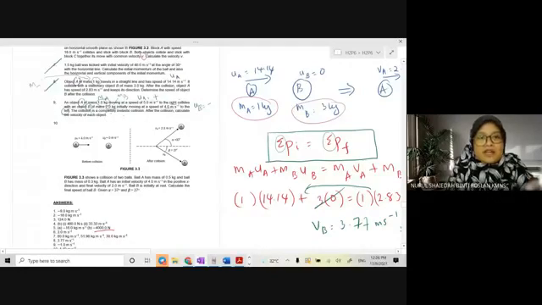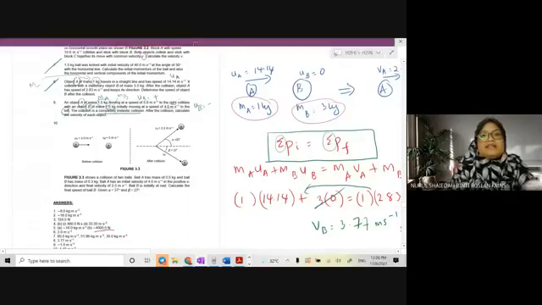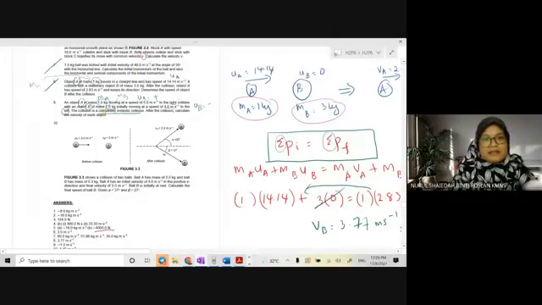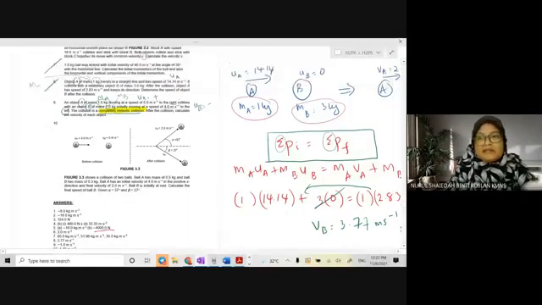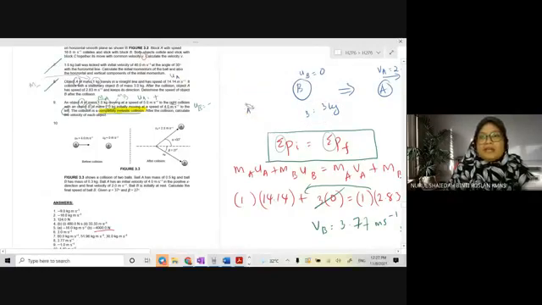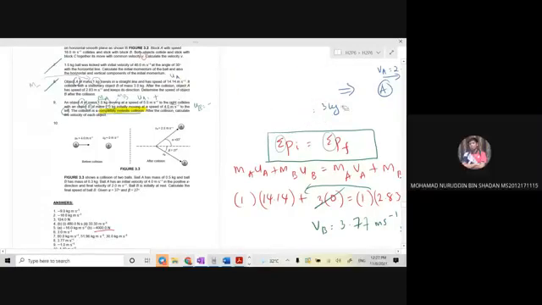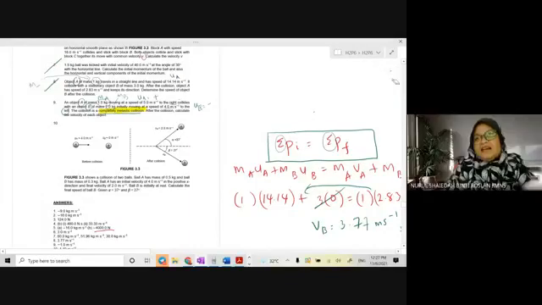The collision is completely inelastic. Dia ada mention. What do we understand when the word completely inelastic? Apa maksud completely inelastic? After collision stick together. Yes, very good.